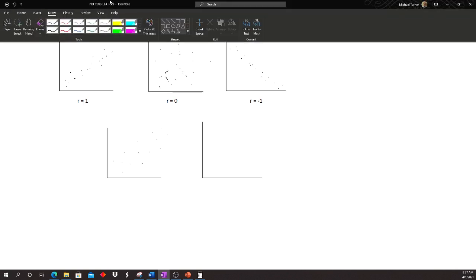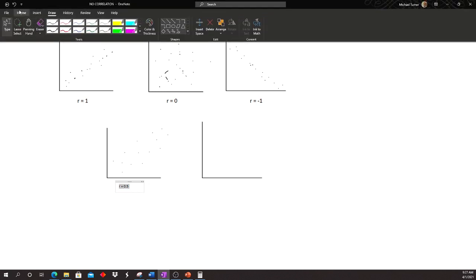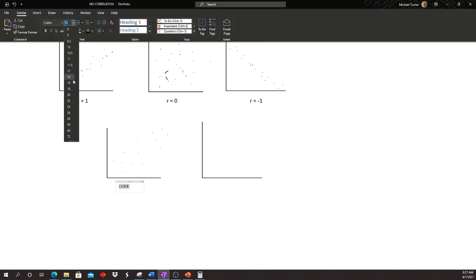In general, it seems to be increasing as the other variable increases. So in that example, we would say that correlation coefficient is closer to 0.5, right? So there's a positive relationship that exists, but it's not super strong. So we would say that that has a correlation coefficient of positive 0.5.